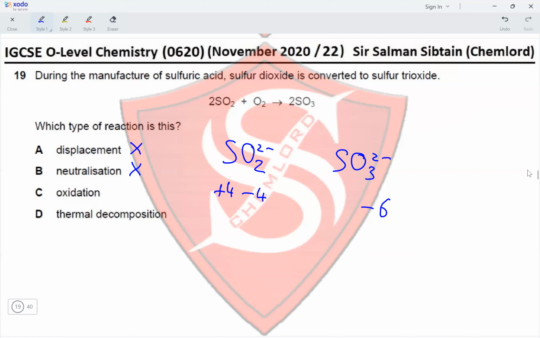And in order to balance the negative charge, sulfur would have a charge of +6. So +4 going to +6 is oxidation. So yes, oxidation is correct. And thermal decomposition, there is no decomposition taking place in this reaction, making option C the correct option for this question.